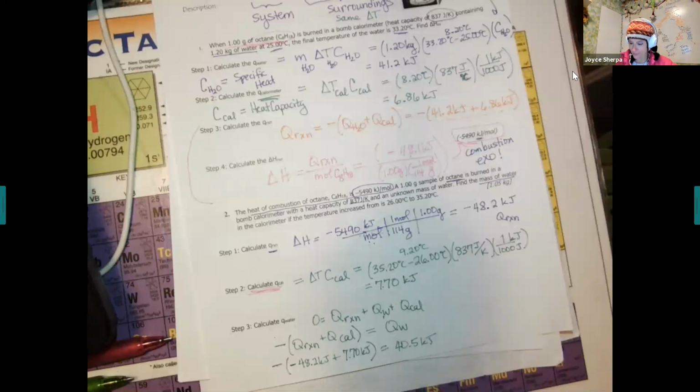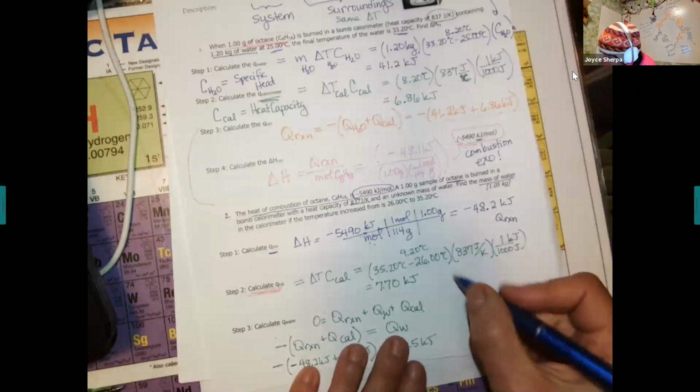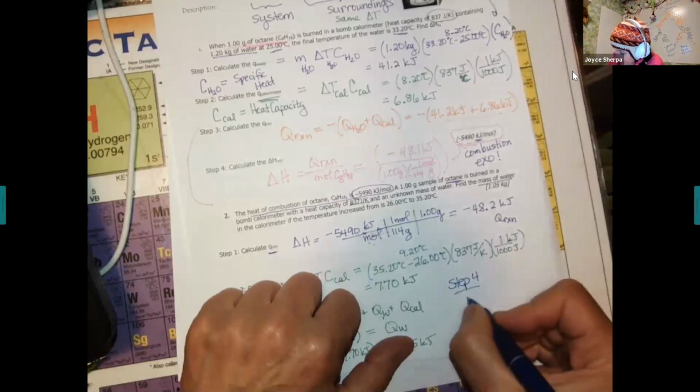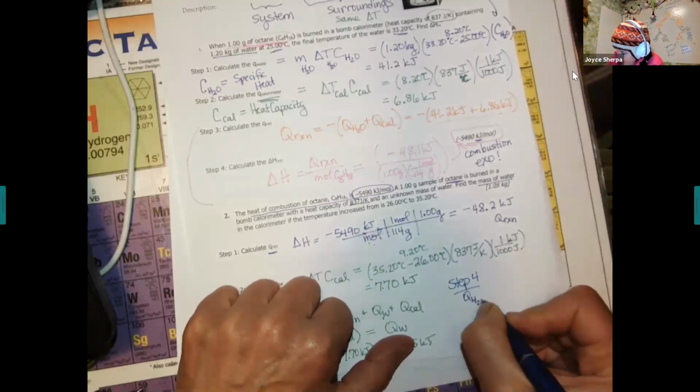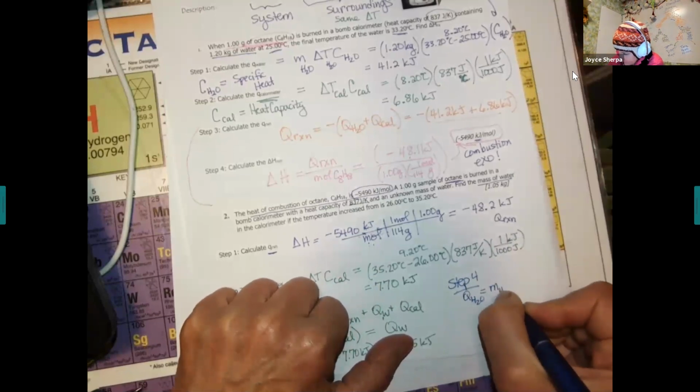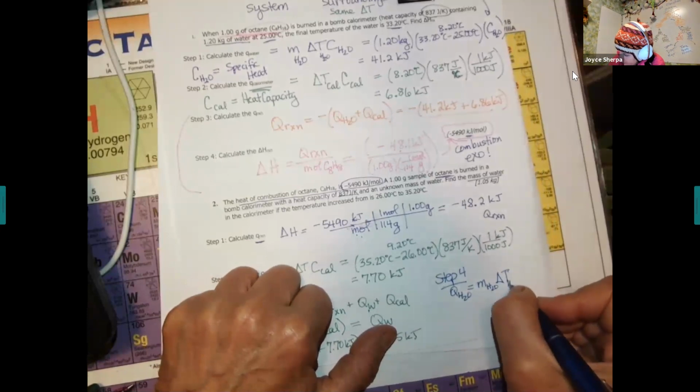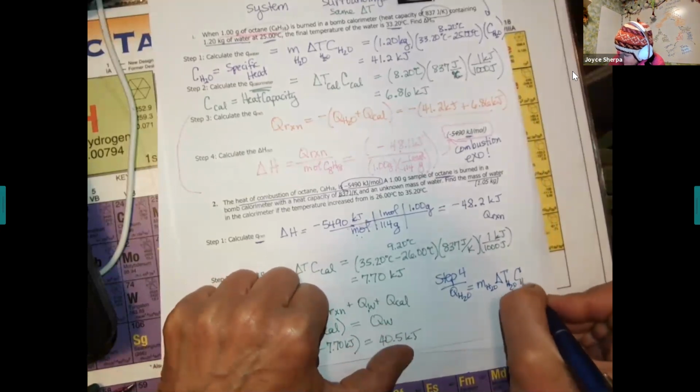All right, so there is a step 4, and I'm pretty sure you can all do it. Again, you could set it all up as one formula: the Q of the water equals the mass of the water times the change in temperature of the water times C of the water.